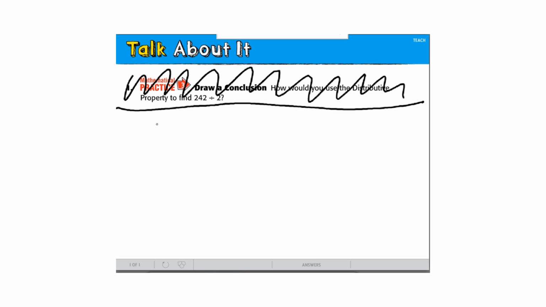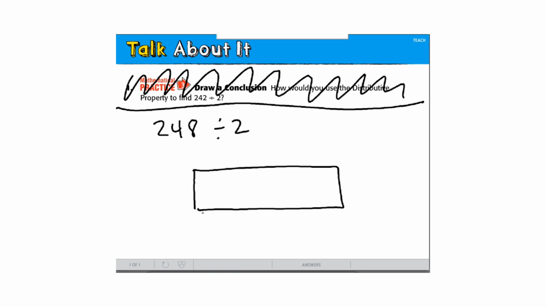The first thing we're going to learn about is the distributive property. So if I have a question like 248 divided by 2, this is where we're going to have our area models like this. And because the number goes into the hundreds place, I'm going to need 3 sections because I have 3 places in the hundreds place.